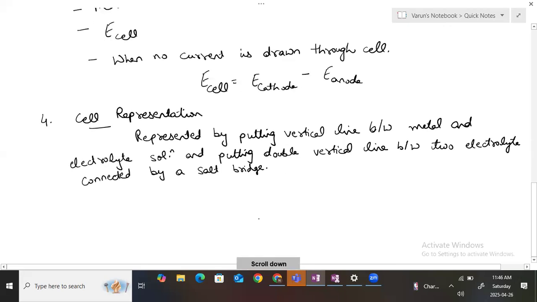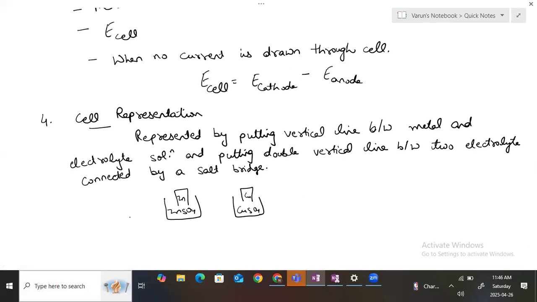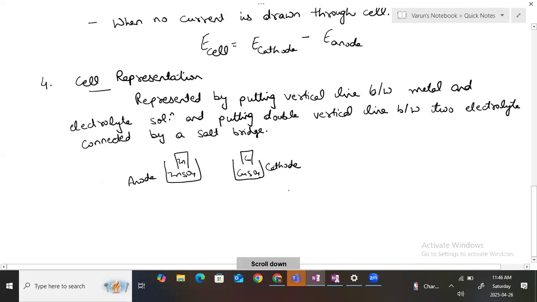Like in the Daniell cell, we have zinc and copper as well, the anode and the cathode. While representing the cell, we always write the anodic part first.